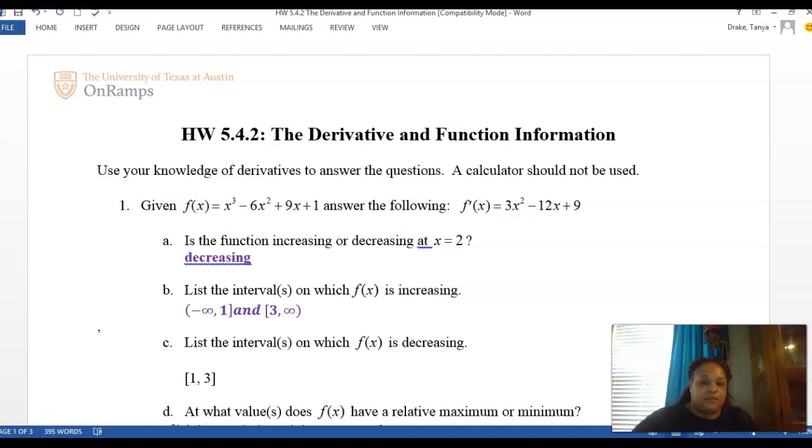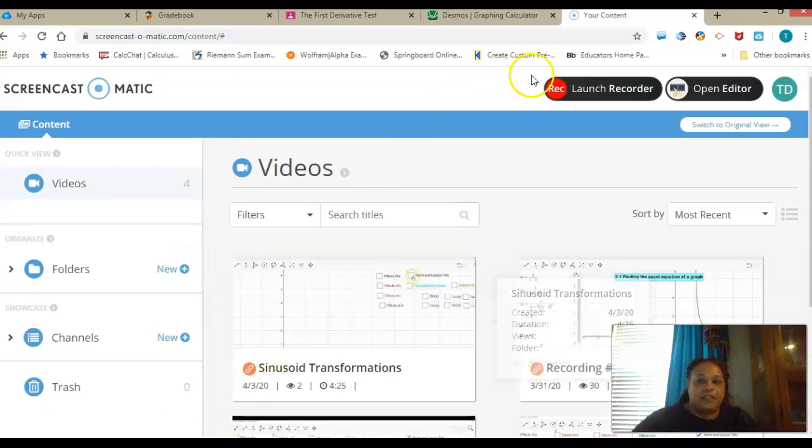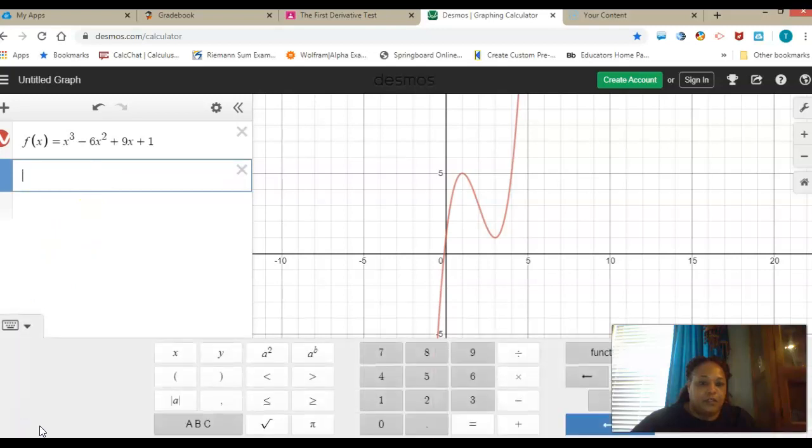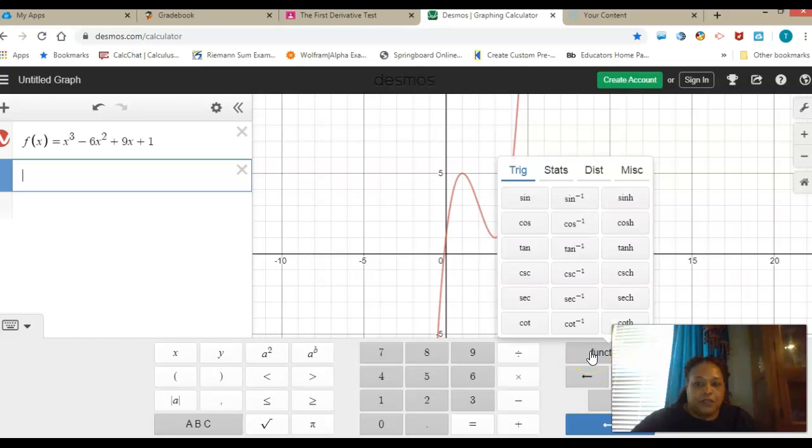If we go to Desmos and take a look at this equation, here it is right here. To find the derivative, all you have to do is go to the function, click on miscellaneous, and the derivative is this d divided by dx.